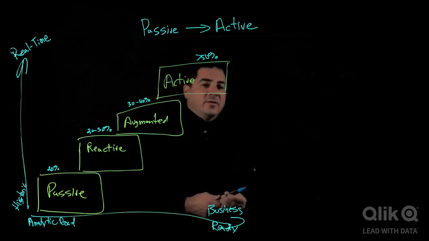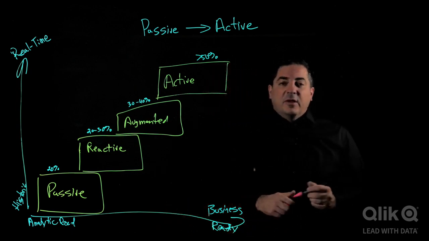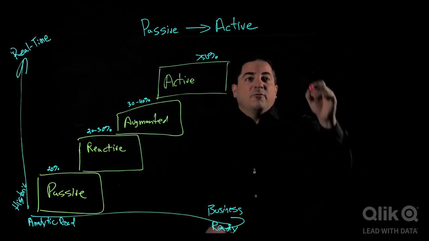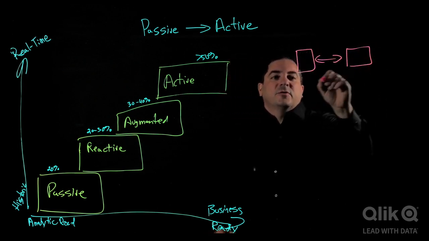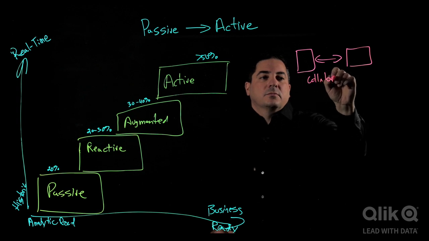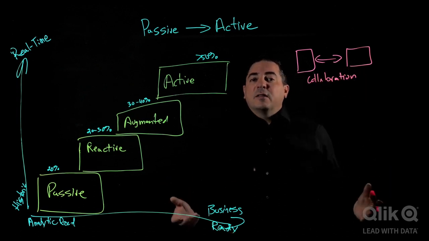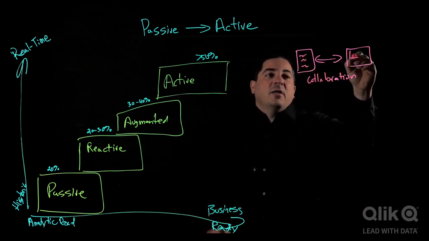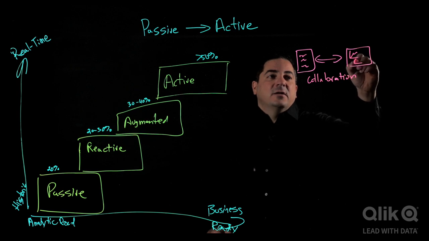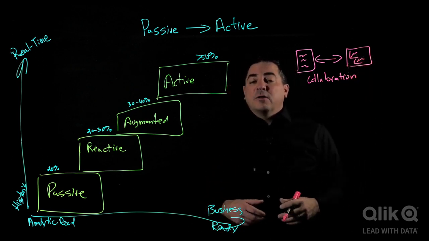So what are the components that go into being active in your analytics decision? Well, first of all, you need to make sure that there's collaboration. Various analytics users need to be able to share the insights they're seeing, as well as add to the visualizations and the body of knowledge.